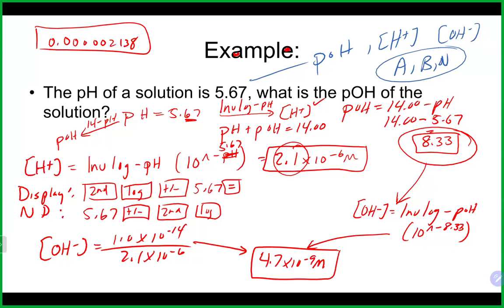If you have a calculator like mine, you will end up with a bunch of zeros and a 5 at the end because it ran out of space, unless you put it into scientific notation. On my calculator, pretty much all zeros until the very end, and there's a 5 with a decimal point. But if you put it in scientific notation, it will come back to 4.7 times 10 to the negative 9.